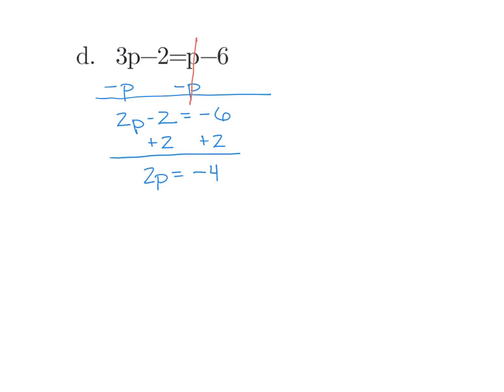Negative 6 plus 2, we have different signs. We're going to subtract, keep the sign of the larger number. And finally, we want to divide by 2. On the left, my 2's cancel, leaving me with just p. Negative 4 divided by 2 is negative 2.